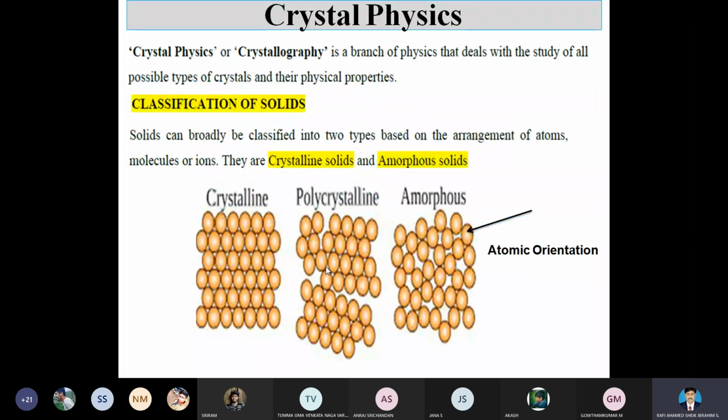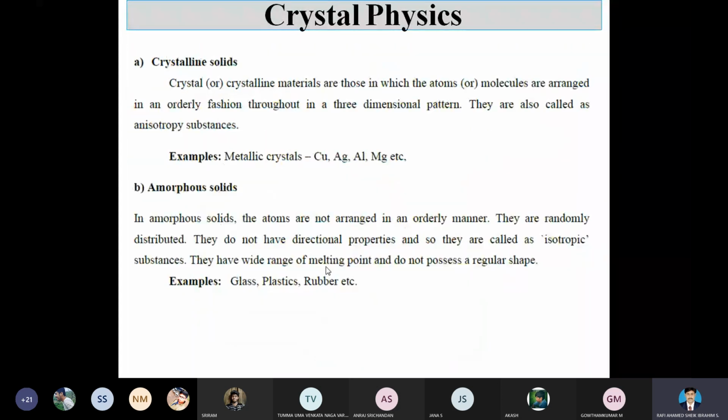Then such a crystal structure is called an amorphous crystal structure. Examples of amorphous: glass, plastics, and rubber. For crystalline, we can consider metallic crystals: copper, aluminium, magnesium, etc.